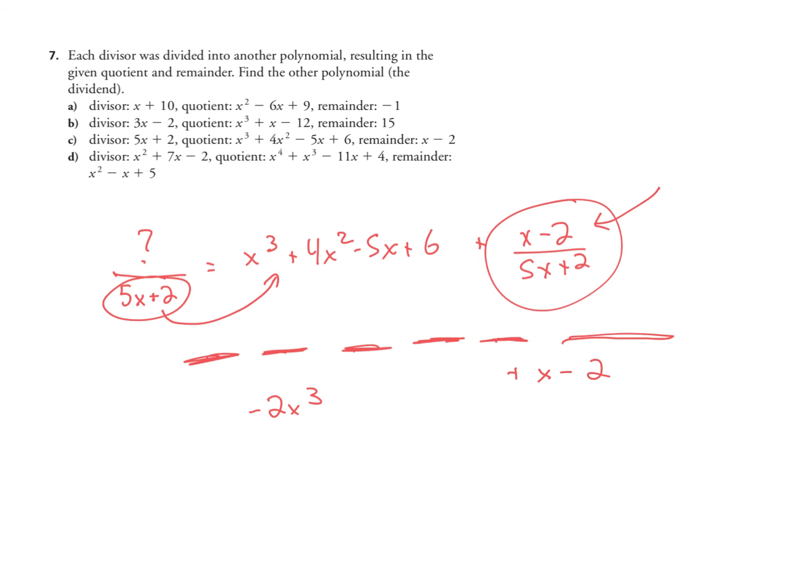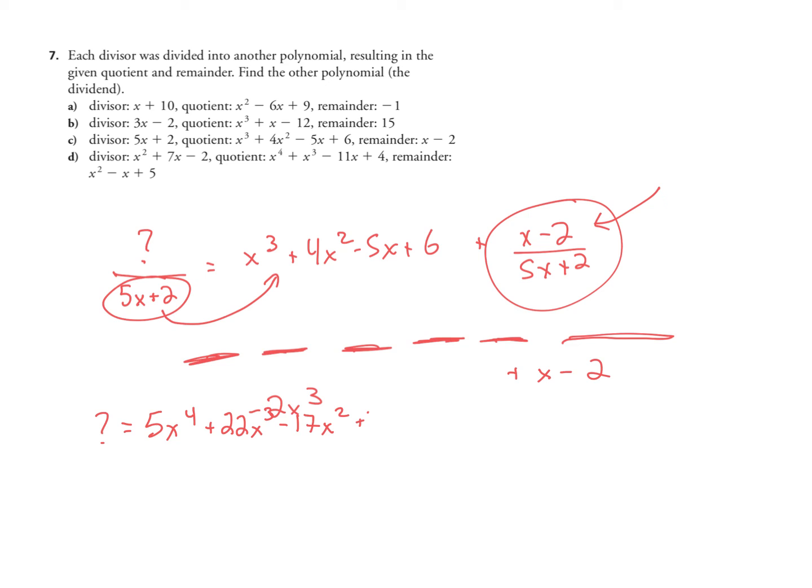So 5x times x cubed, you got, so question mark equals 5x to the 4 plus 2x cubed plus 20x cubed. So plus 22x cubed plus 8x squared minus 25x squared. So it's going to be minus 17x squared. And you're going to have minus 10x and plus 30x.